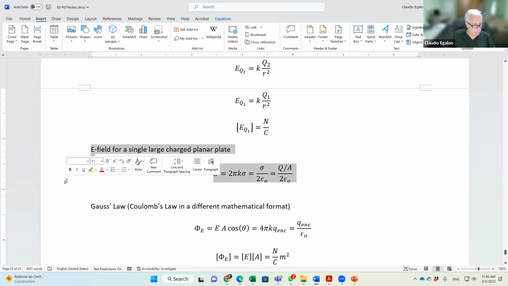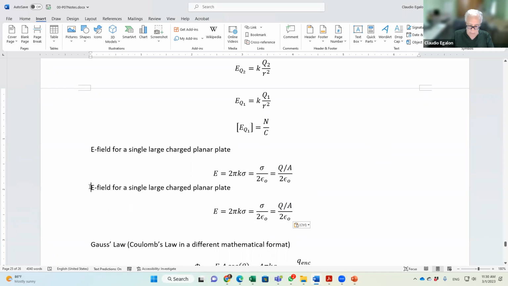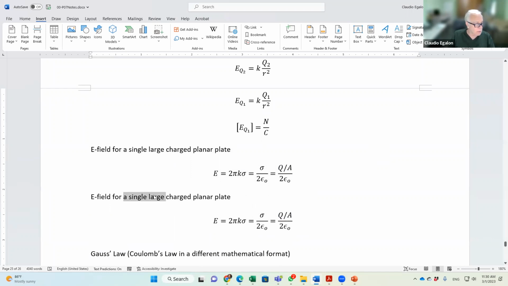Okay, the field for two charged planar plates, one positive, the other negative, with the same charge density, is going to be 4 pi k sigma. And now it's going to be like that.